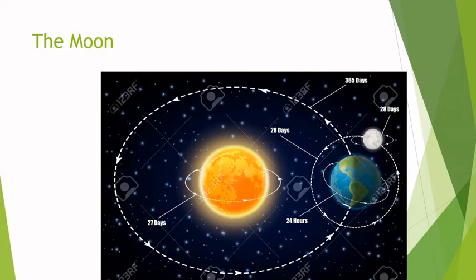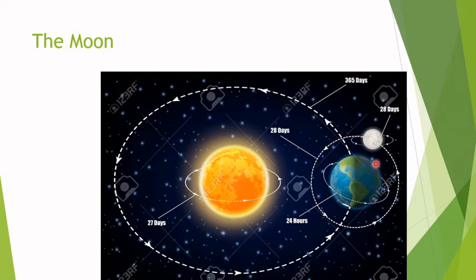Okay, so 28 days for the rotation and 28 days for the revolution around the Earth. In this case, what we say is that the moon is going to have a lunar month. Okay, and it's a period of 28 days, calculated from new moon to new moon.